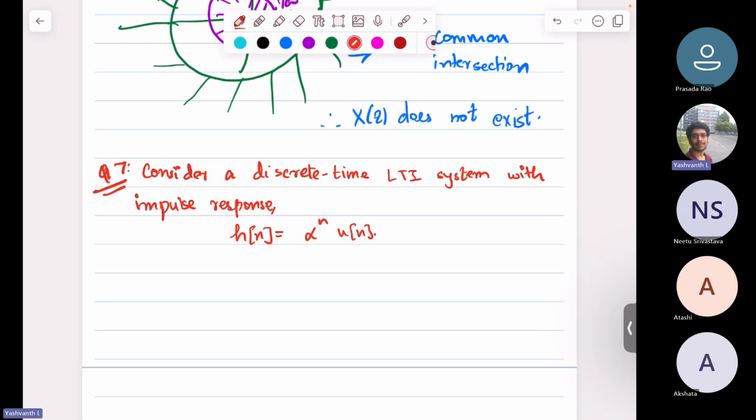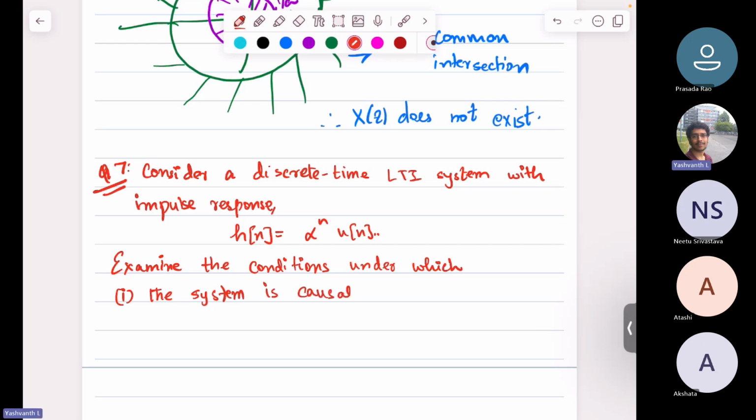Examine the conditions under which number 1, the system is causal, and number 2, the system is BIBO stable, using Z transforms.